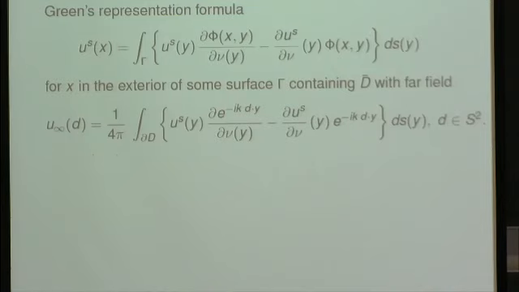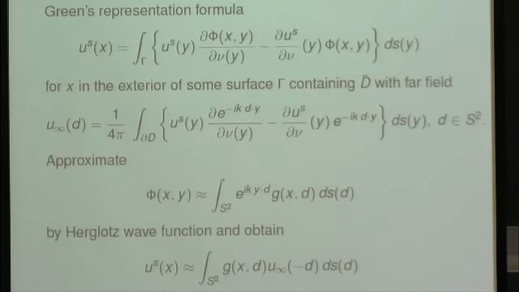And what we now do is we approximate the fundamental solution by this expression, and this is the so-called Herglotz wave function. It's an entire solution to the Helmholtz equation with this kernel, and we indicate the dependence on gamma here.